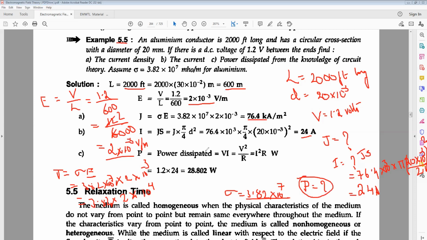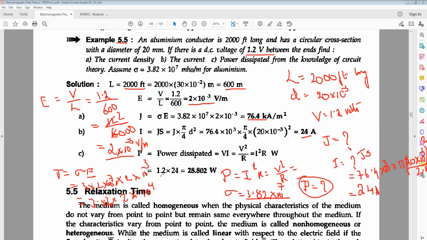P is equal to the power dissipated. We have the formula in terms of the current, I²R, or otherwise in terms of the voltage, V²/R. I we already got as 24. 1.2 × 24 we get again, that is the voltage, my students.